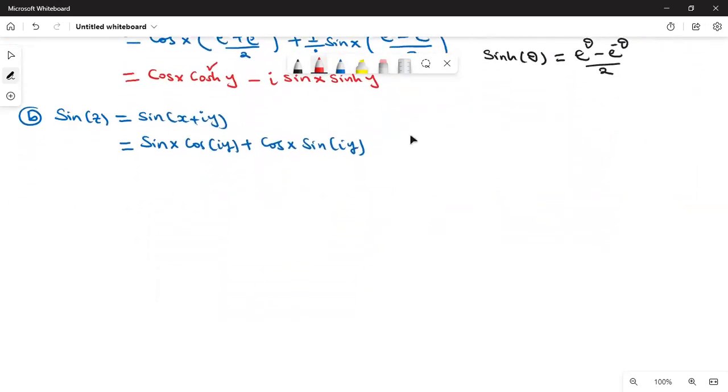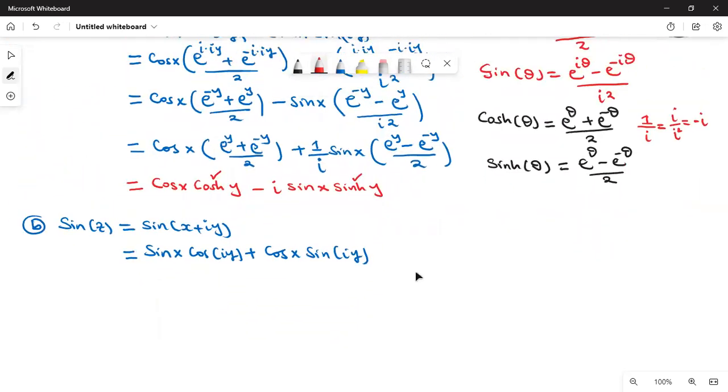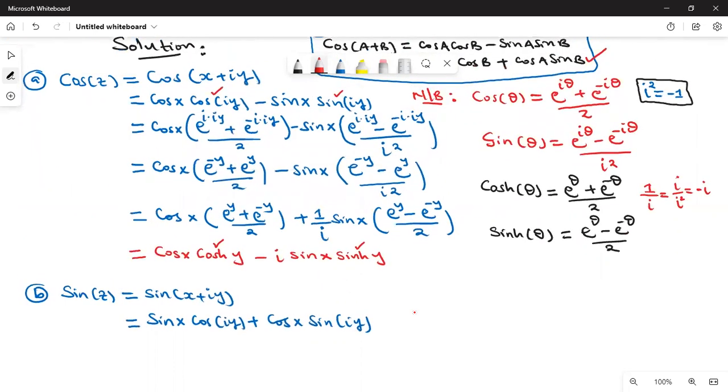So this can now be written as, remember from part A, instead of having to do the same thing again, from part A it is clear that cos iota y should be able to give you hyperbolic cosine of y.